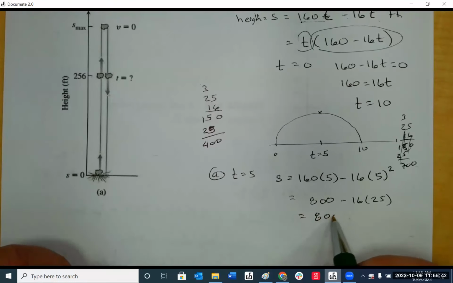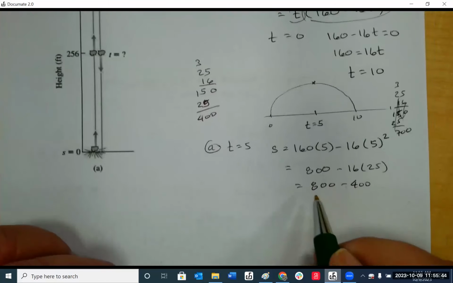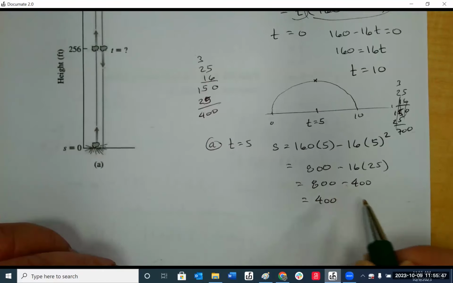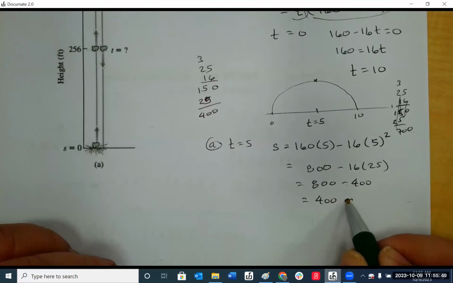So 800 minus 400, it goes 400 feet in the air.